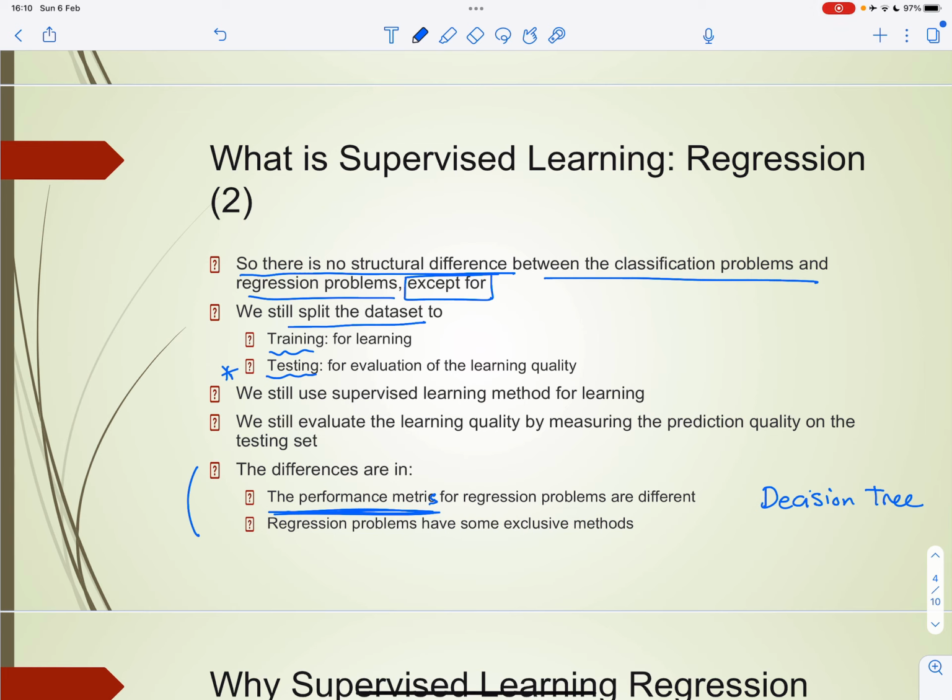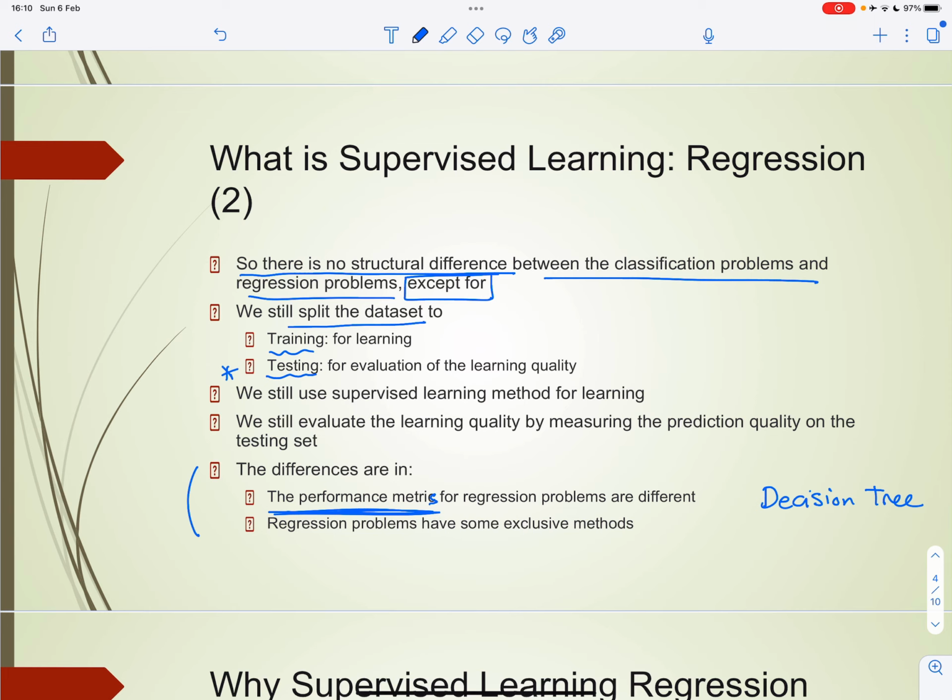We have the tool to actually practice our learning in seminars. And still, there are some methods that are exclusive to regression problems. Okay, and you cannot use them for classification. Yet it is not the time to talk about different methods. We should still remain focused on the concepts of supervised learning regression.